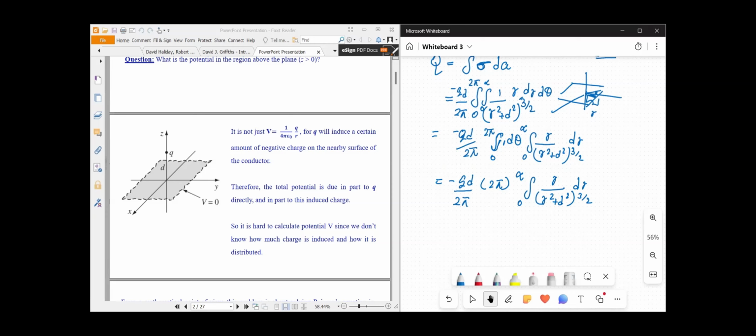If you got the answer, please let me know. If you have done this calculation, let me know the answer, please.